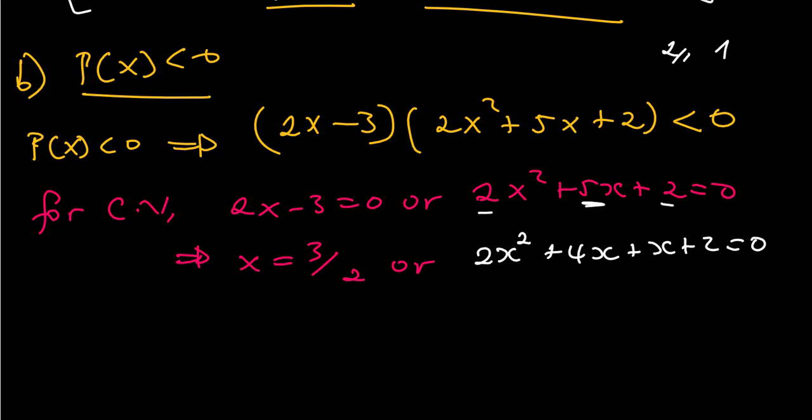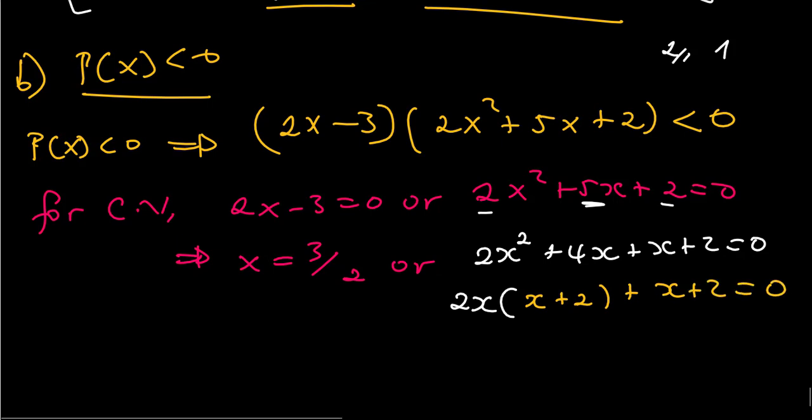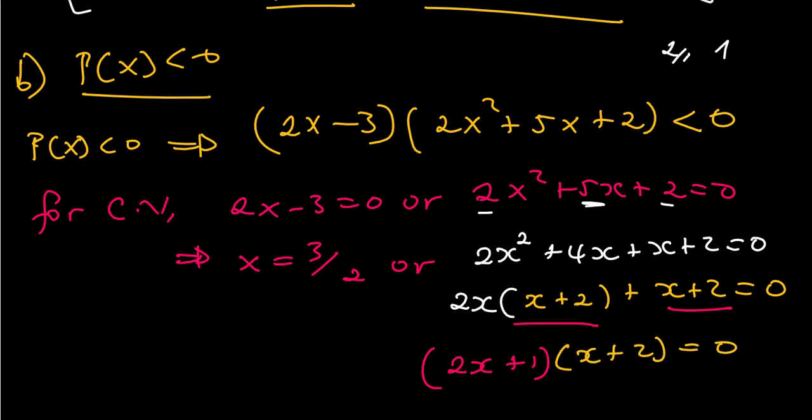Now this can be factorized, so I can factor out 2x here which is common, and what will be left within will be x plus 2, then I have plus x plus 2 equal to 0. Now we see that x plus 2 is common on both sides, so we can get 2x plus 1. I factored it out, then what will be left will be x plus 2 equal to 0.